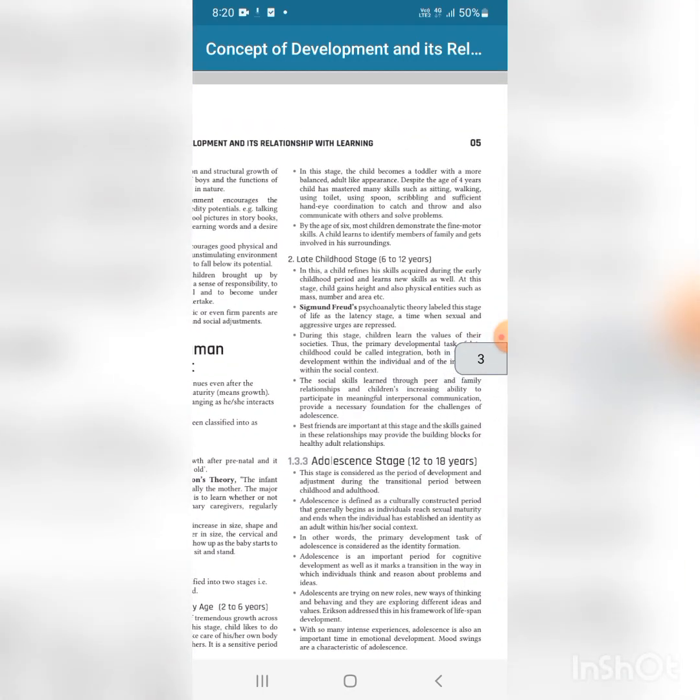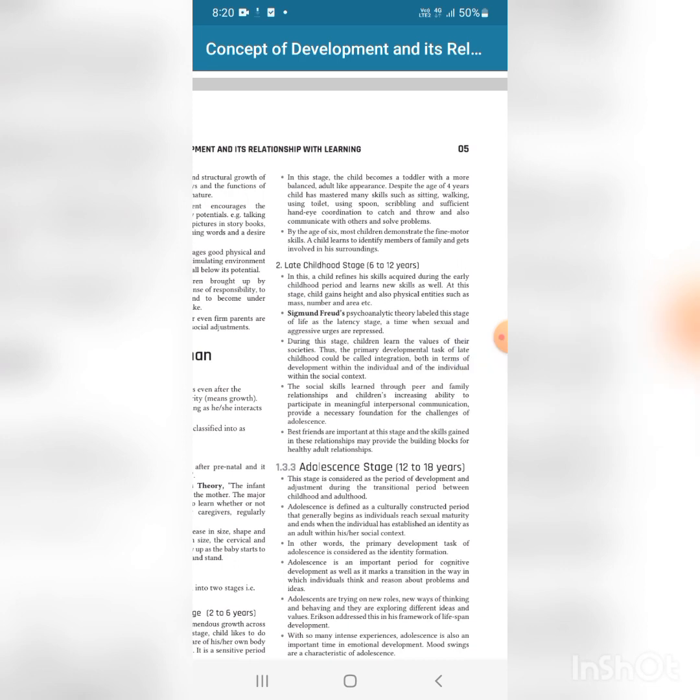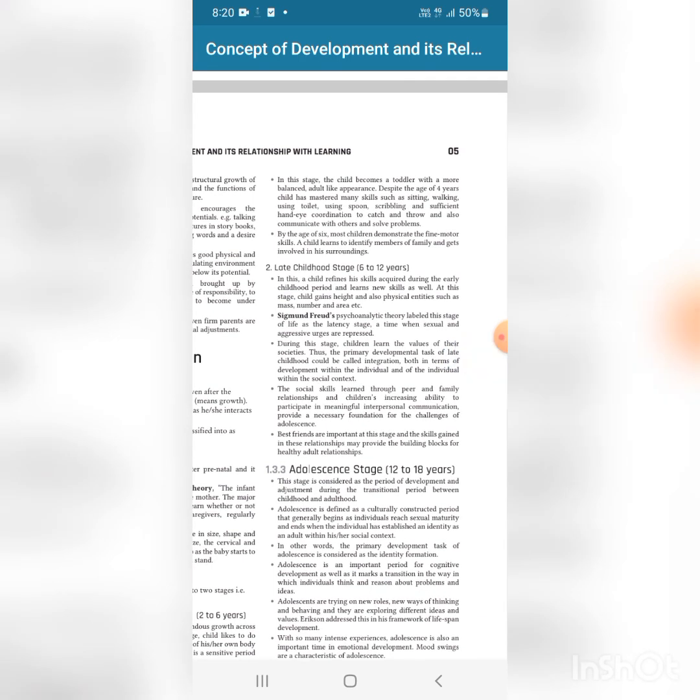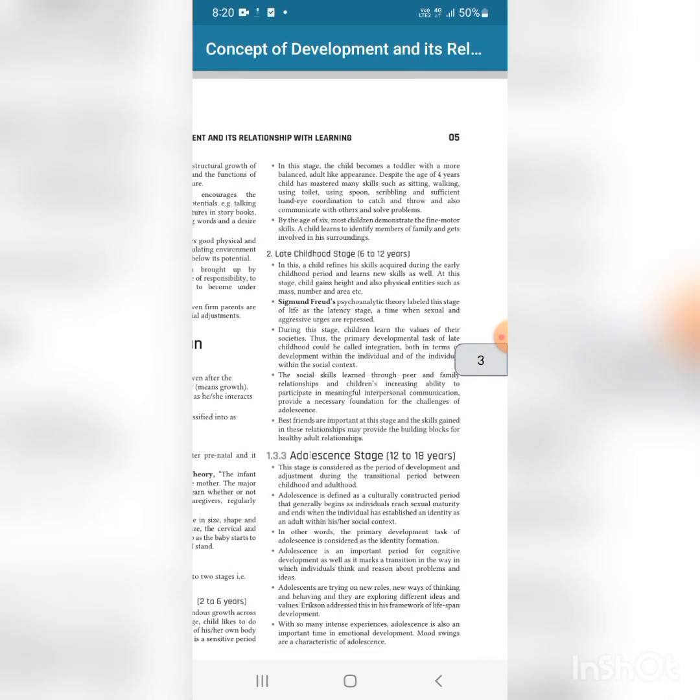In this stage, the child becomes a toddler with a more balanced adult-like appearance. By the age of 4 years, the child has mastered many skills such as sitting, walking, using the toilet, using a spoon, scribbling, and sufficient hand-eye coordination to catch and throw, and also communicates with others and solves problems.